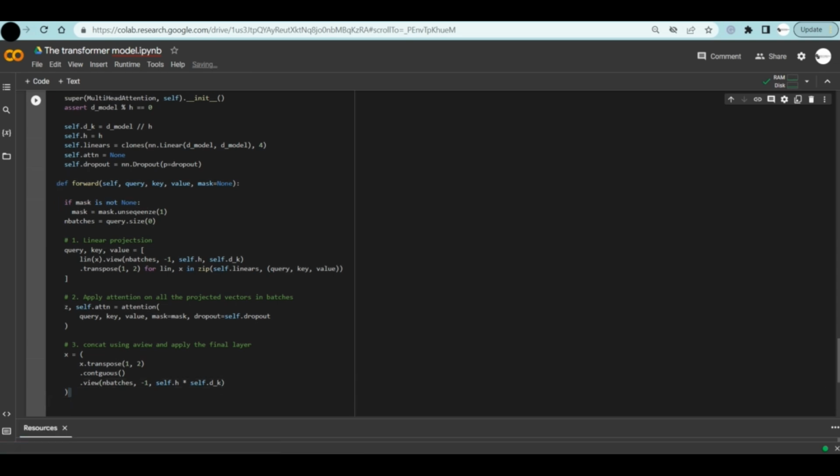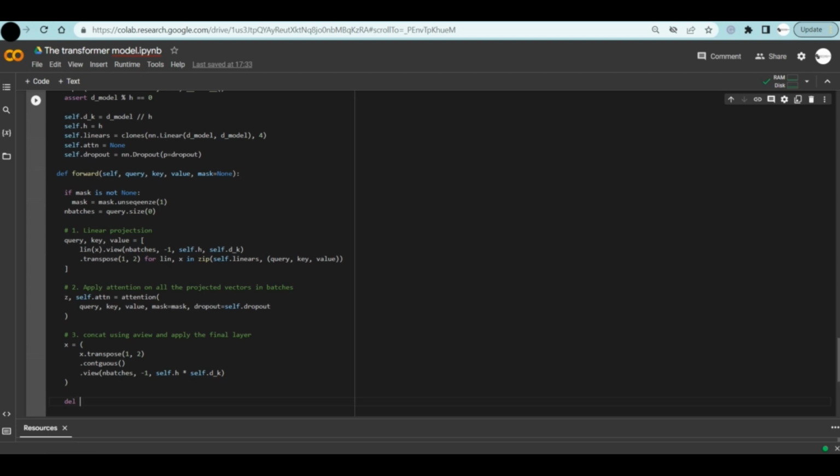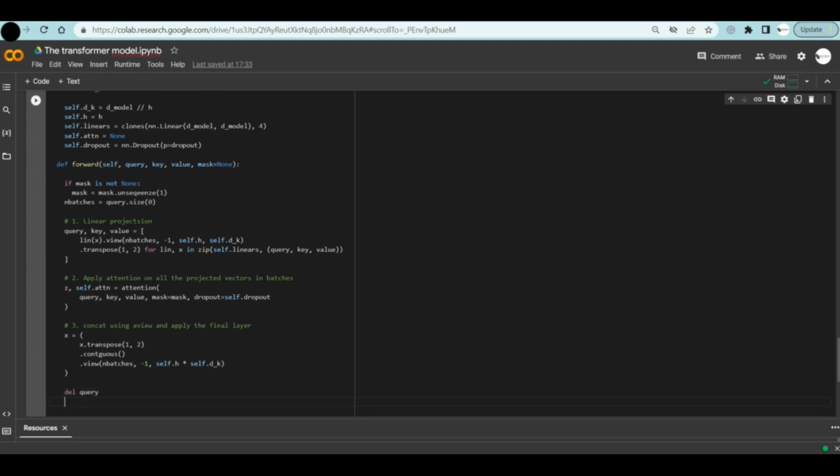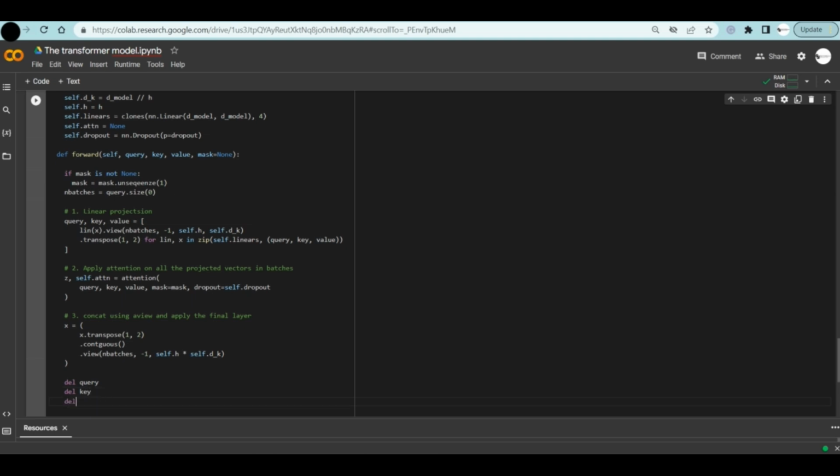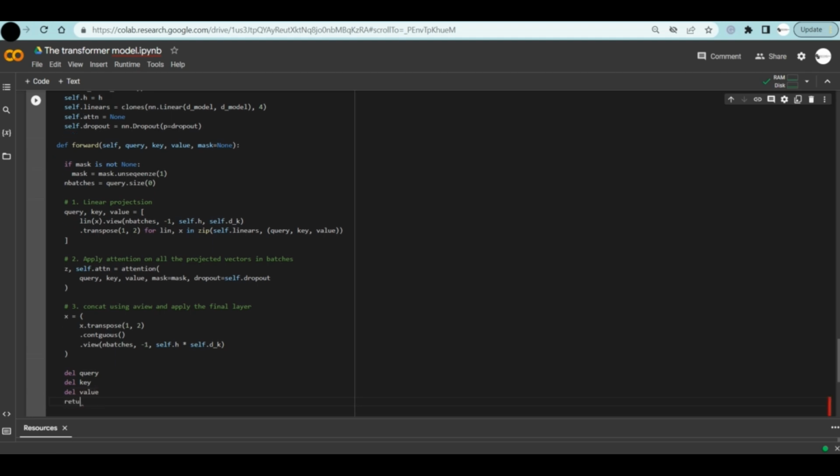Then we can delete the query, the key, and the value. Then we return self.linears[-1](x). Okay, so that's that.